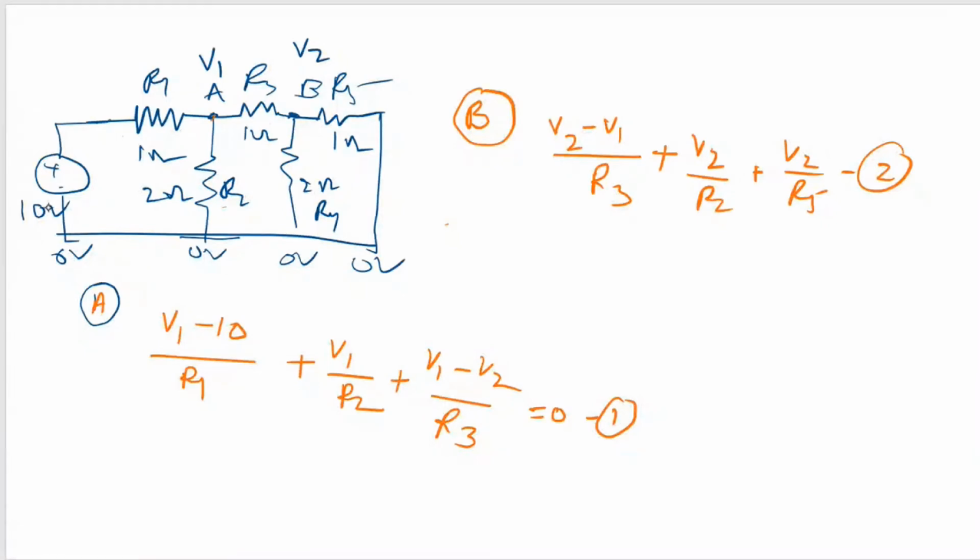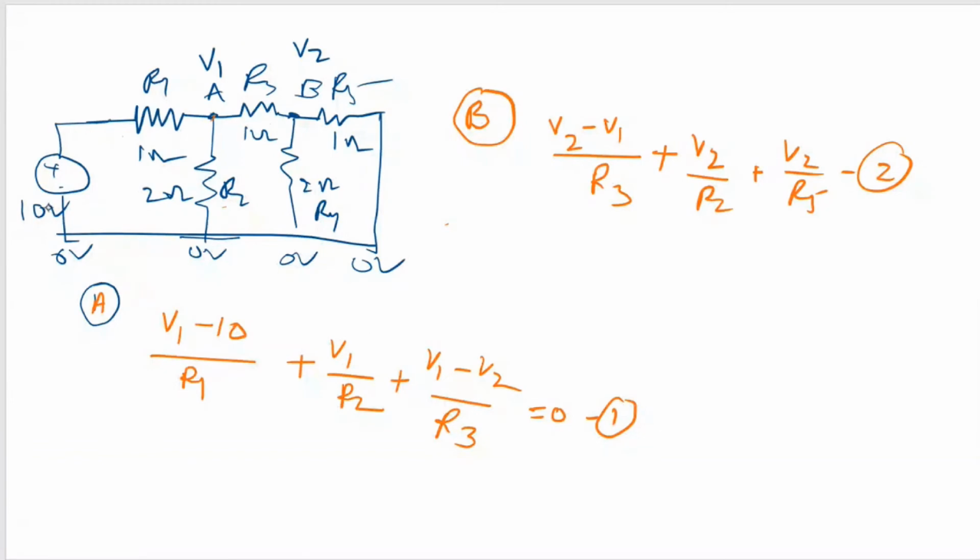For node B, how many elements are connected? R3, R5 and R4. So there are 2 equations. Suppose V is 10 volts.